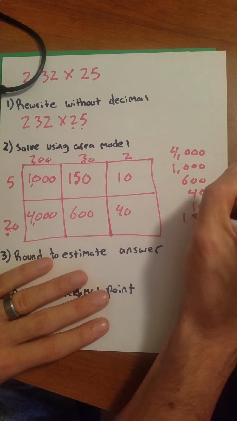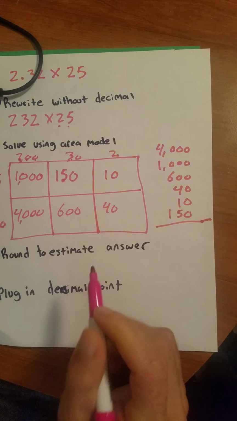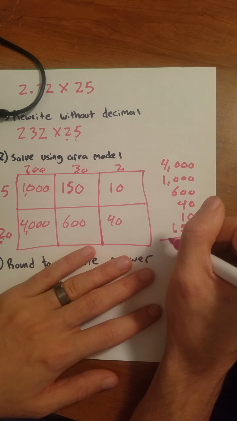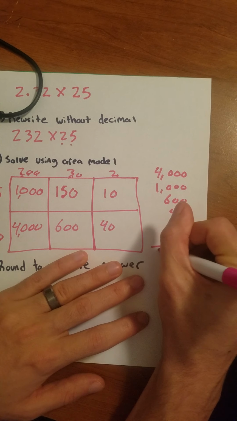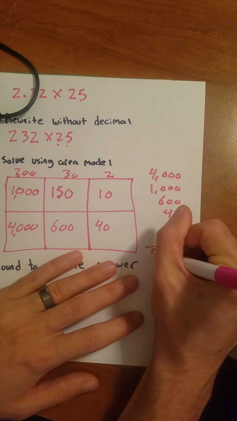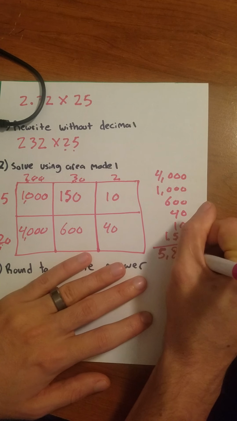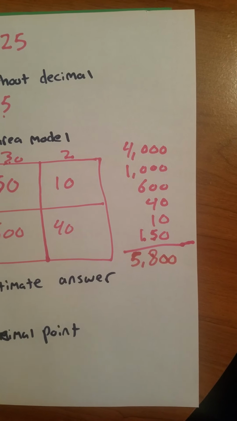Oh, missing 150. And you're going to find the total of your 6 numbers. And I want to again go through the practice of adding. I know we got this part down. When you find the total, it'll be 5,700. 5,800 rather. 5,800 will be your answer.